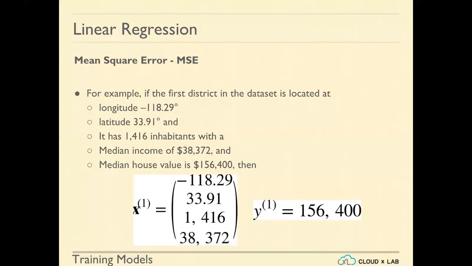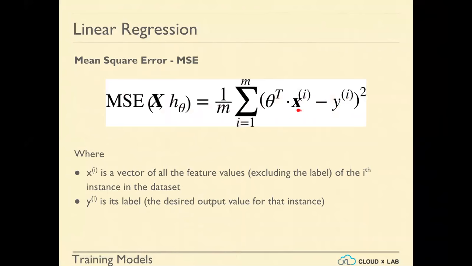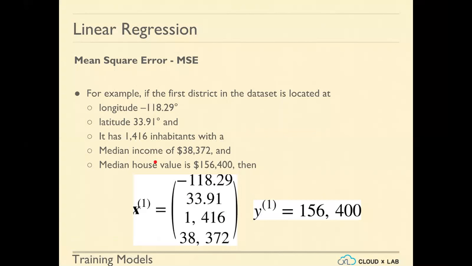Y, if you see, is italic, which means it's a scalar value. Yi is a scalar value, while x, which is bold, is a vector, and we are multiplying theta, which is also bold and is a vector. We multiply these two, subtract y, and square it. That's the mean square error function.